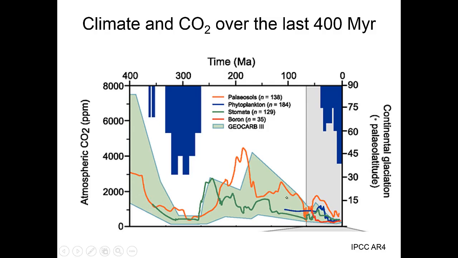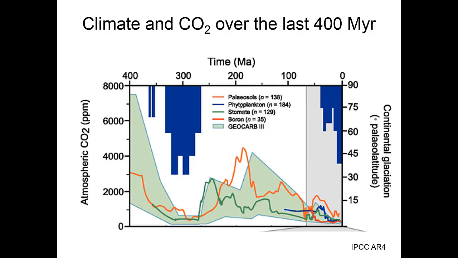In the green shading is shown a geochemical model that's used to estimate past CO2 concentrations based upon evidence preserved in ancient sediments and volcanic rocks about changes in the inputs and outputs of carbon from the ocean atmosphere system over time. Shown at the top in these blue bars are estimates of the extent of glaciation throughout the last 400 million years.